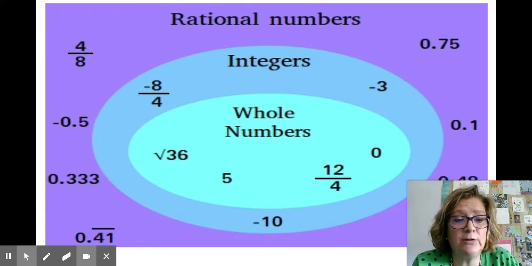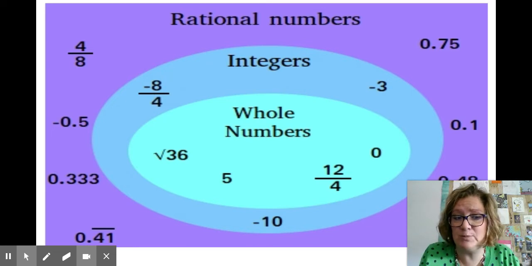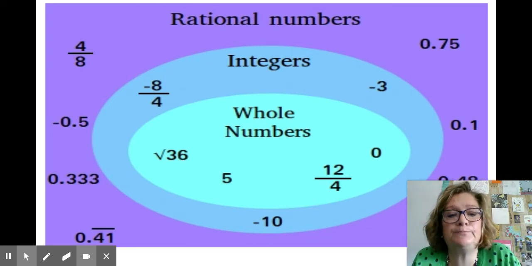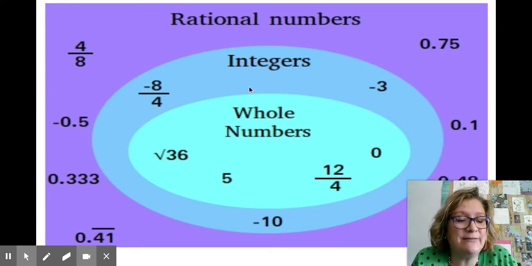Again, it can still be written in an unsimplified fraction form, which means that it is definitely a rational number.